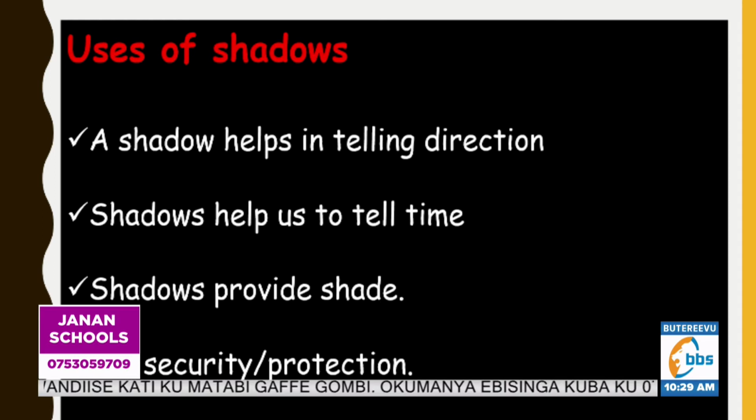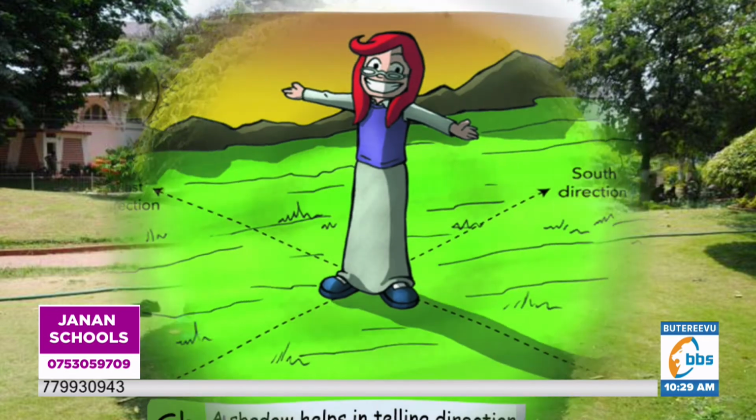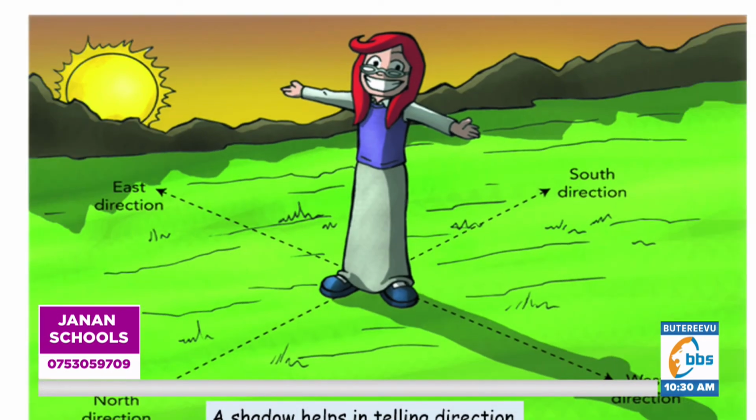Maybe there are other uses. When you get them, feel free to add more from your textbooks. That's a gentleman who was enjoying the shade. So shadows provide shade. Then moving on, we said a shadow helps in telling direction.